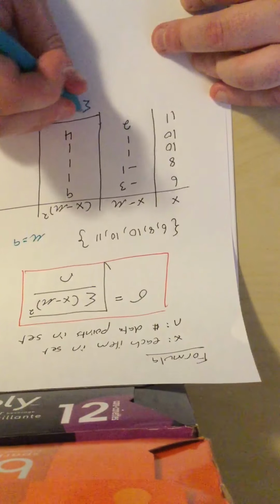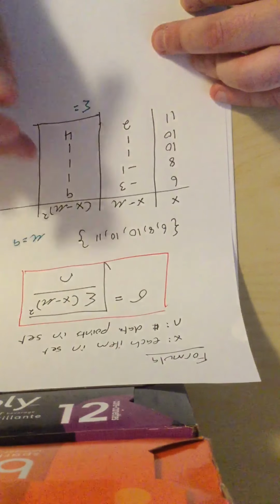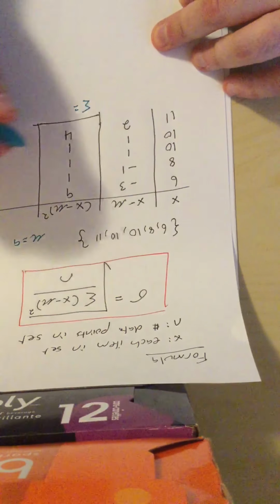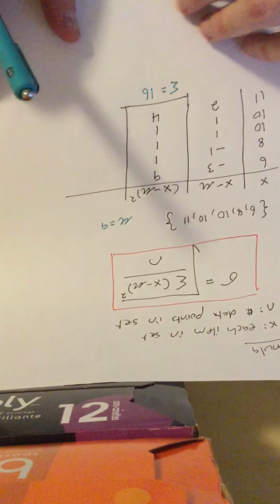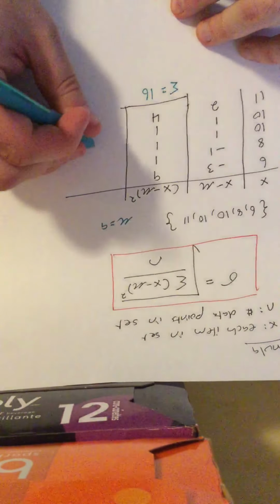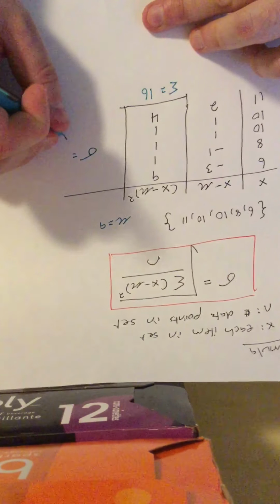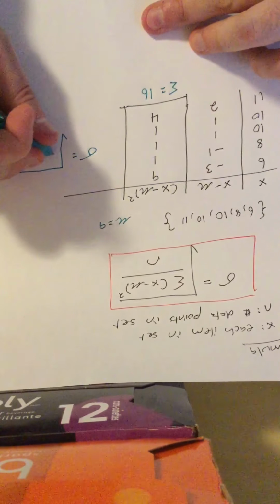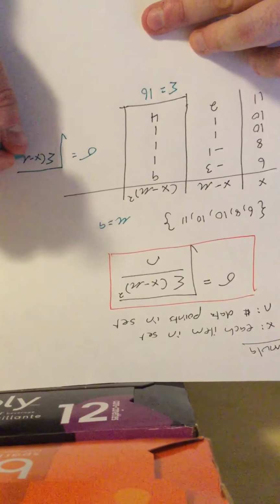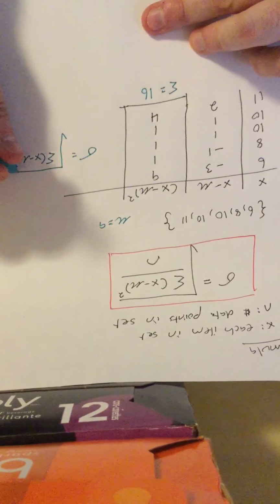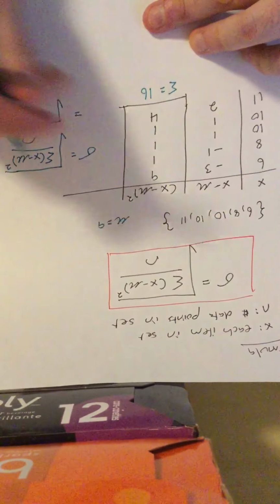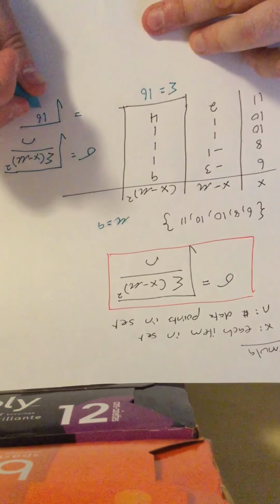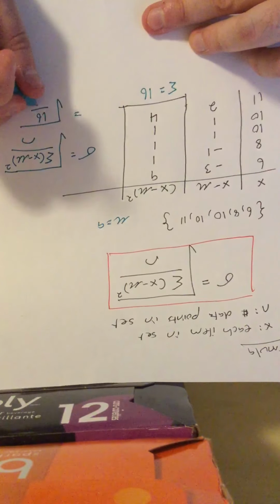So the sum is going to be 9 plus 1 is 10, plus this is going to be 16. Now, when we look at our formula, it's going to be the square root of the sum of the deviations squared divided by n. In this case, the sum of the deviations squared is 16, and n is 5.